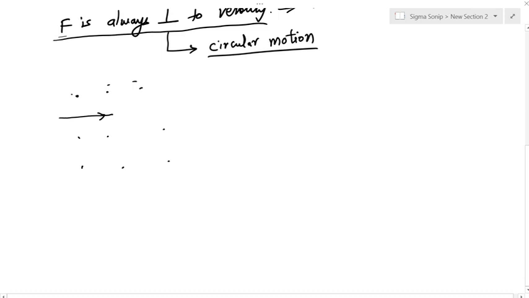Because the charge is moving here with some velocity in this magnetic field, this charged particle would experience a force which would always be perpendicular to velocity. So this particle would basically move in a circular direction. And why is it moving in a circular direction? Because it has some centripetal force acting on it. And where is that centripetal force coming from? This centripetal force is coming from the magnetic force.